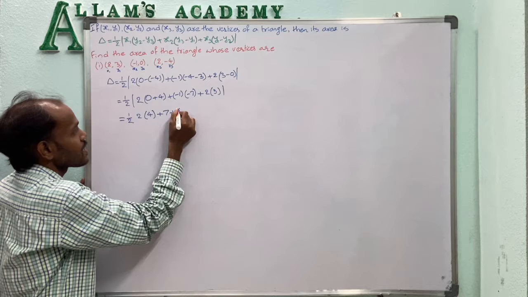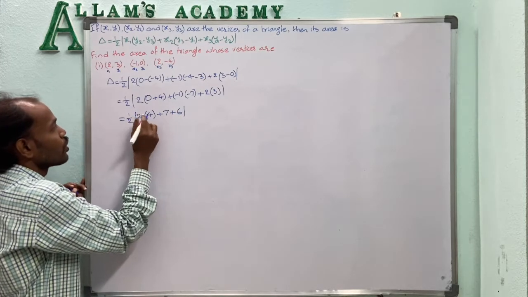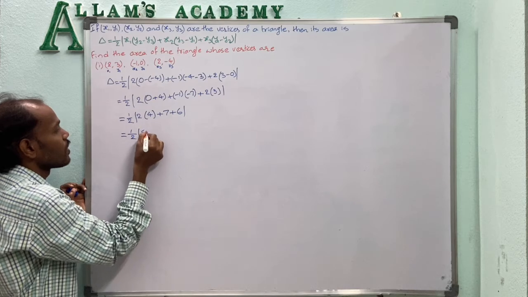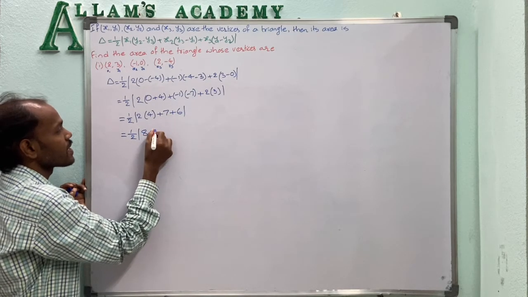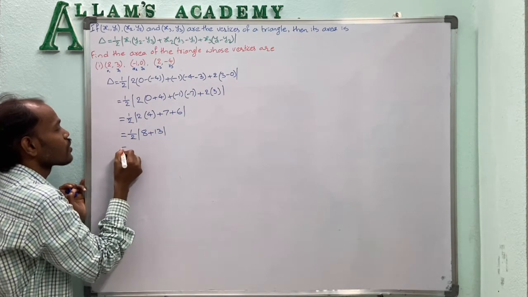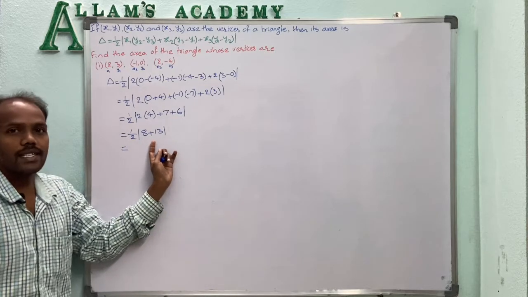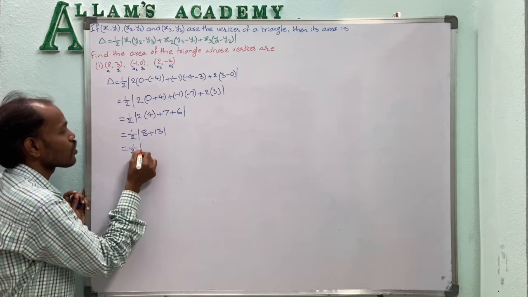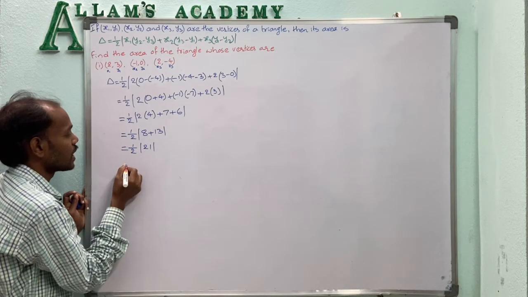2 threes are 6, 2 fours are 8, plus 7 plus 6 is equal to 13. So half mod of 8 plus 13; 8 plus 13 is equal to 21. So half mod 21.